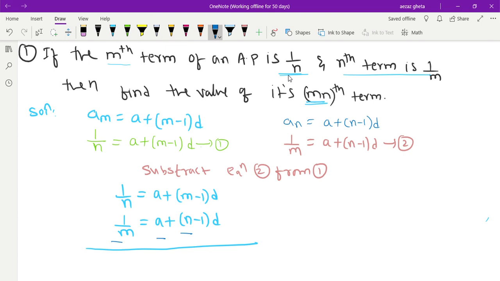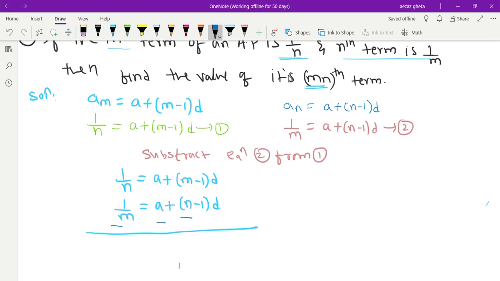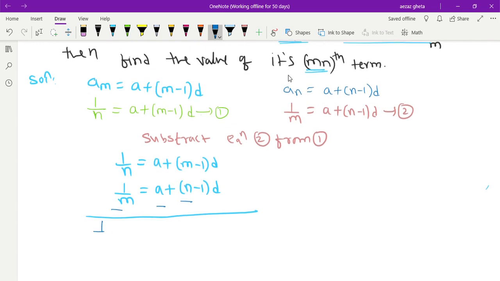So the first thing which we get: 1 by n minus 1 by m, the a gets cancelled, is equal to d common, so we will write (m minus 1 minus n plus 1). Hope you understood.